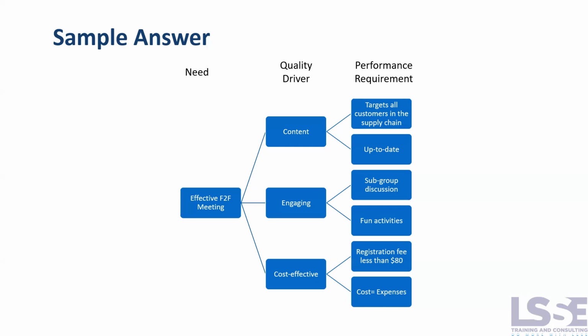Okay. And of course, another quality driver is that it has to be cost effective. There was a cost involved because we're running a meeting and we're going to book hotels, but at the same time, the revenues that we get from that meeting should be able to support the cost. So one of the performance requirements I had to work with was that the registration fee has to be less than $80 per person.